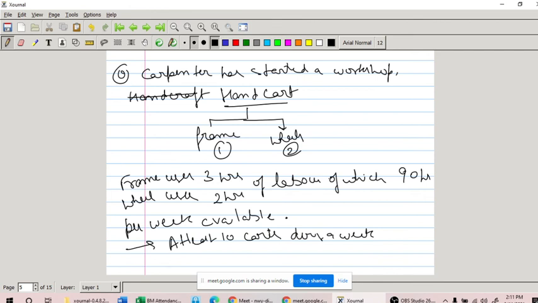फ्रेम का कॉस्ट क्या है? फ्रेम कॉस्ट 500 रुपीज and wheel cost 200 rupees.